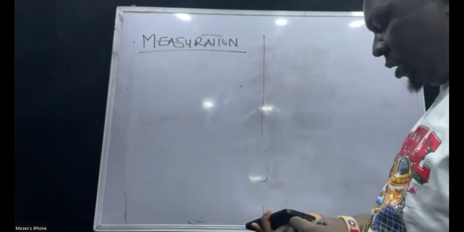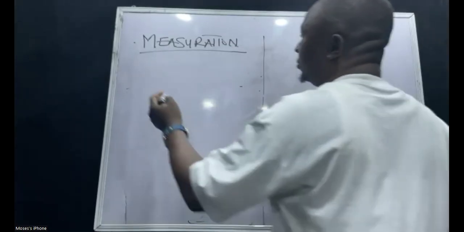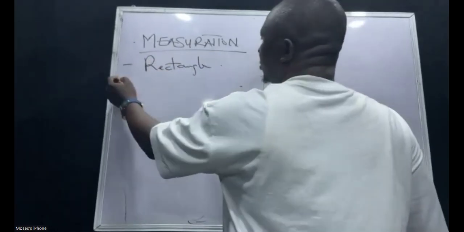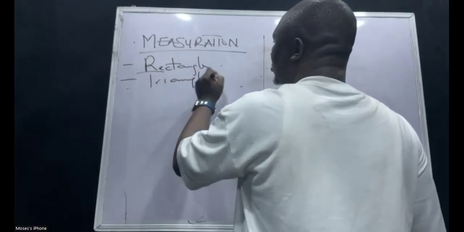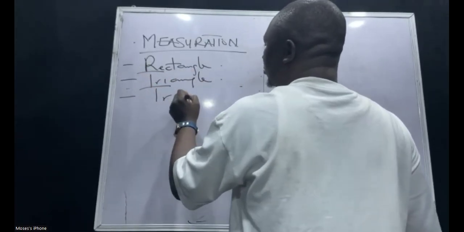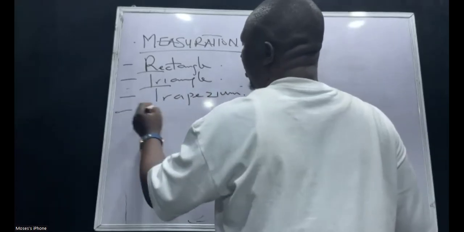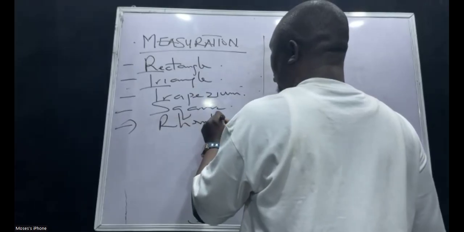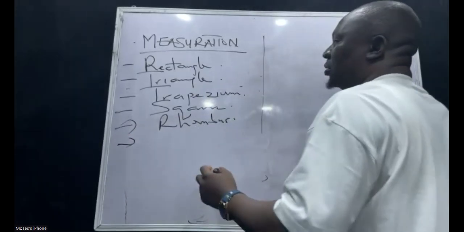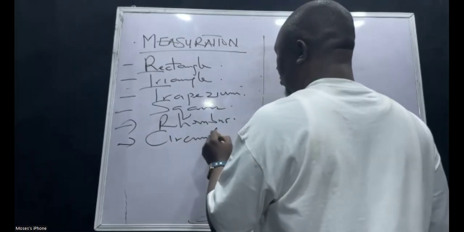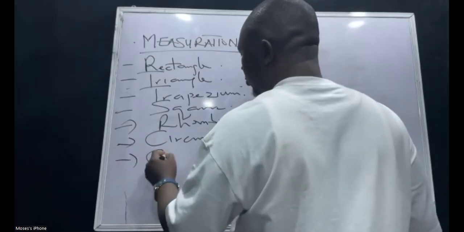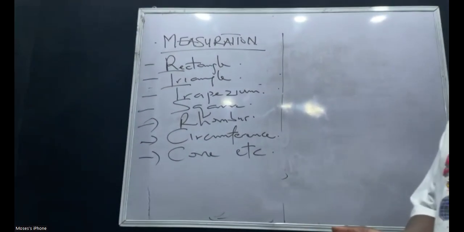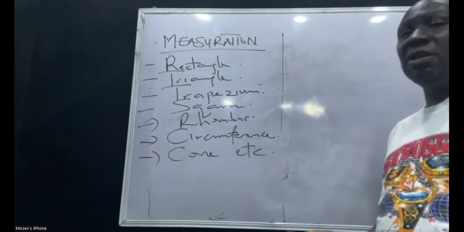Good. And I think for my syllabus, we're talking about rectangle, triangle, trapezium, square, rhombus, circumference, cone, etc. A triangle has 3 sides.